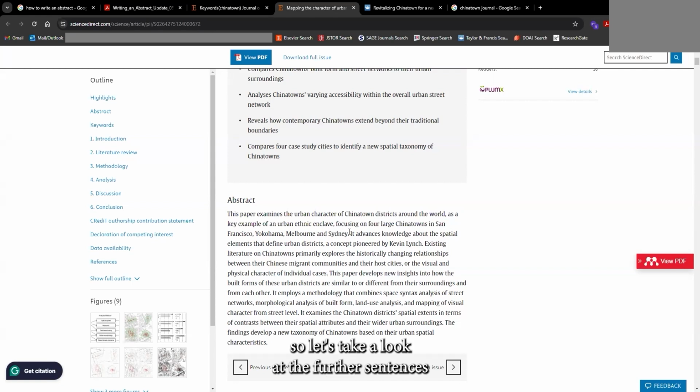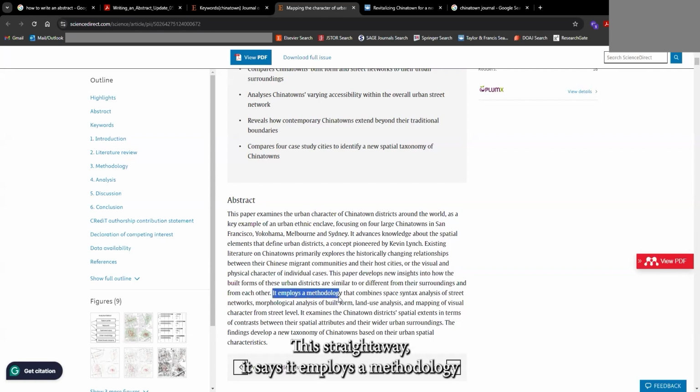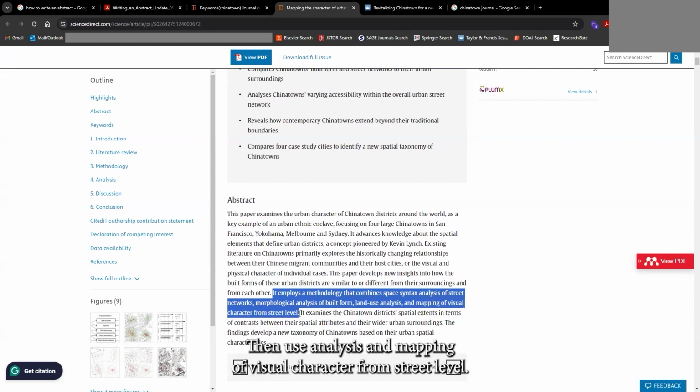Now, let's take a look at the further sentences and see if we can identify the methods as well as the findings. It says it employs a methodology that combines space syntax analysis of street networks, morphological analysis of built form, land use analysis and mapping of visual character from street level.